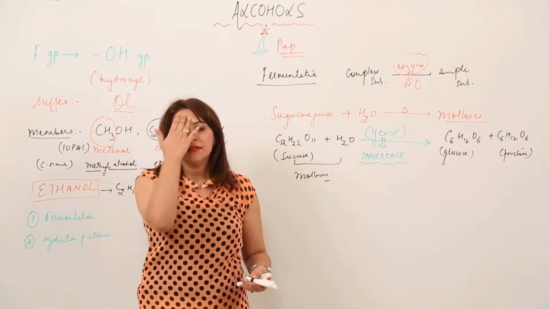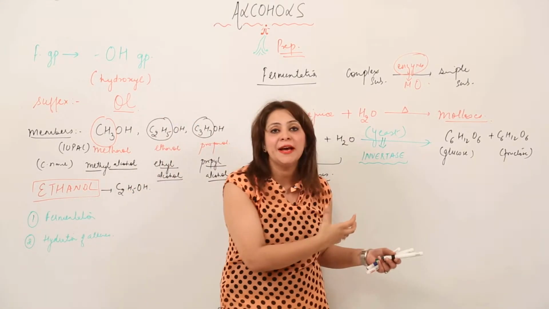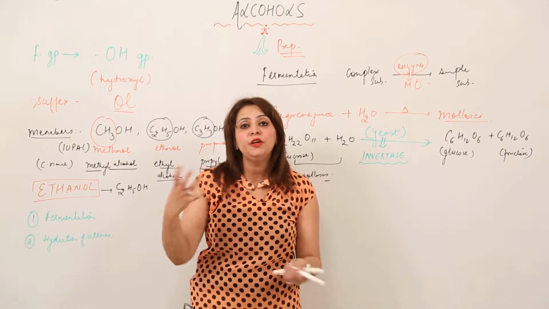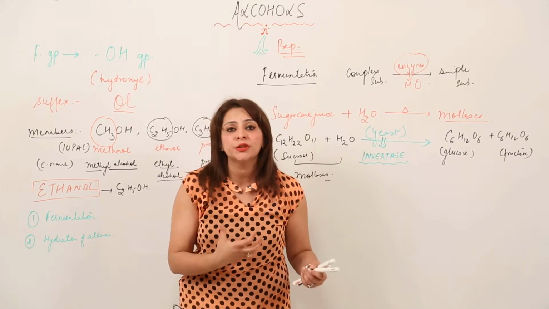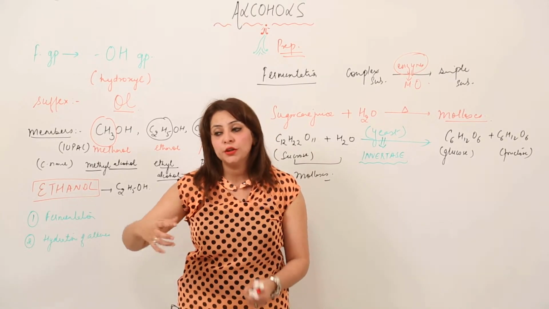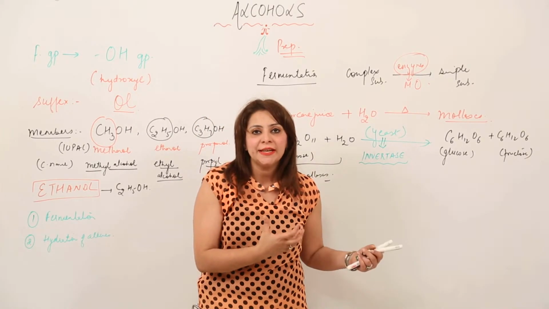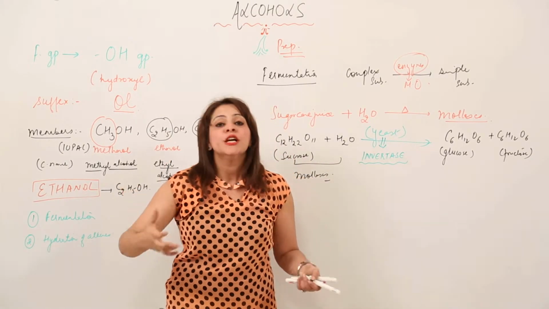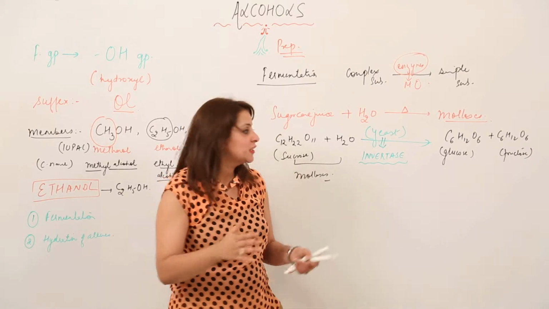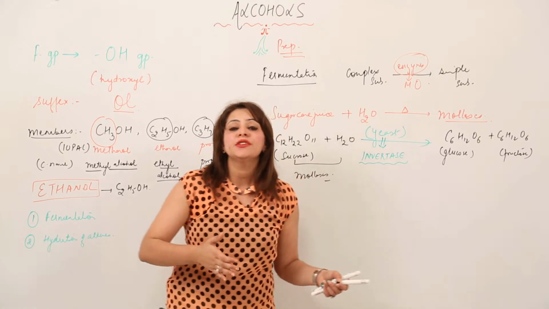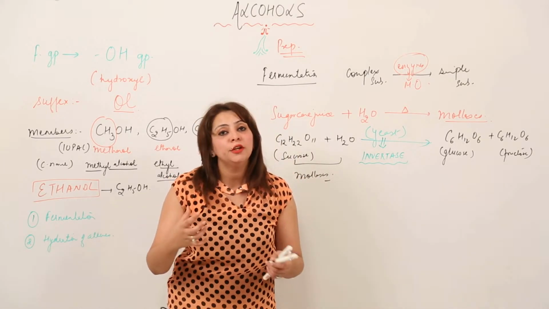They actually differ in one aspect, and that is that they rotate the plane of polarized light in different directions. One is laevorotatory, which rotates to the left, and one is dextrorotatory, which rotates the plane of light towards the right. That you will study in higher classes. For now, you need to know that there exists a difference between glucose and fructose, and that difference is the direction in which they rotate the plane of polarized light.